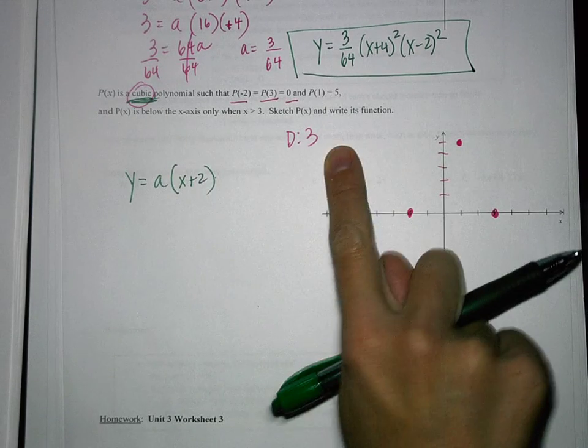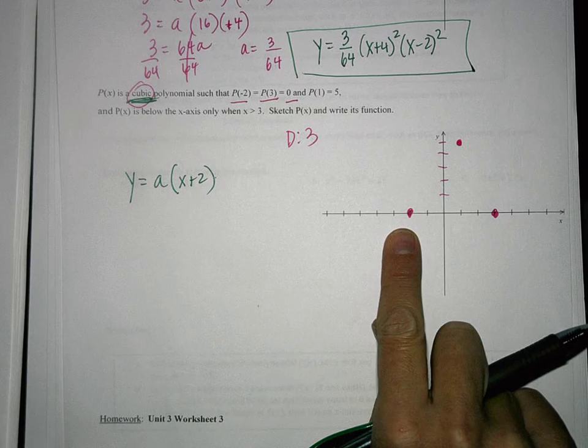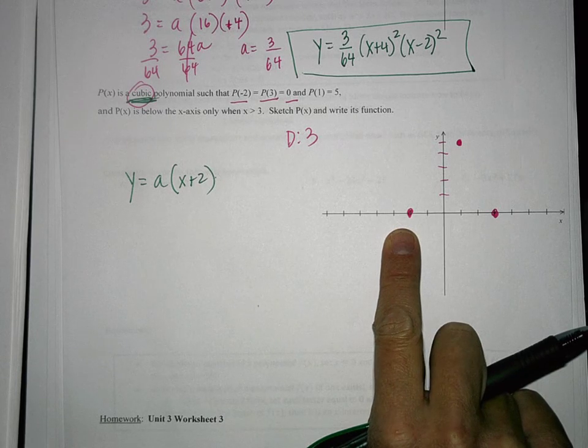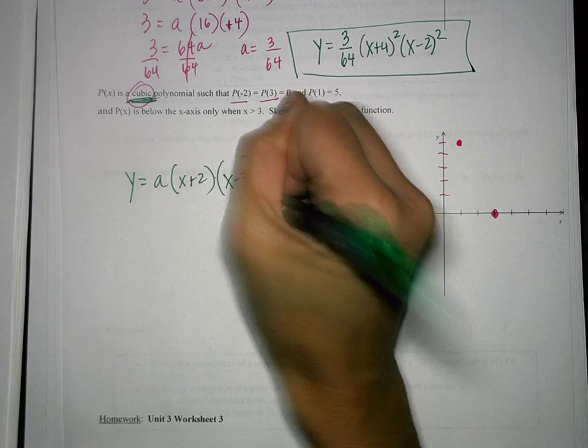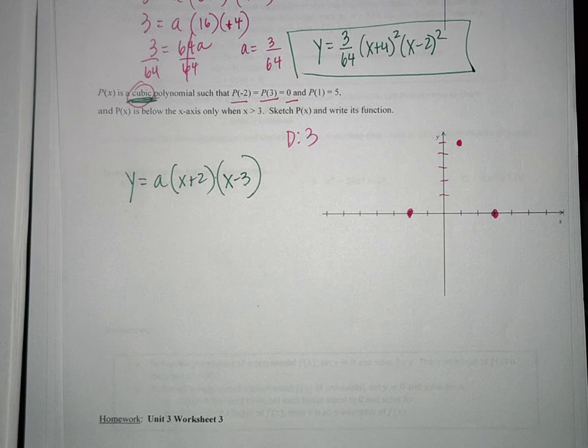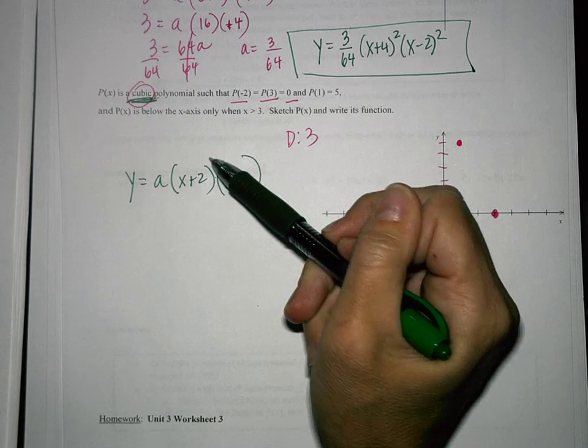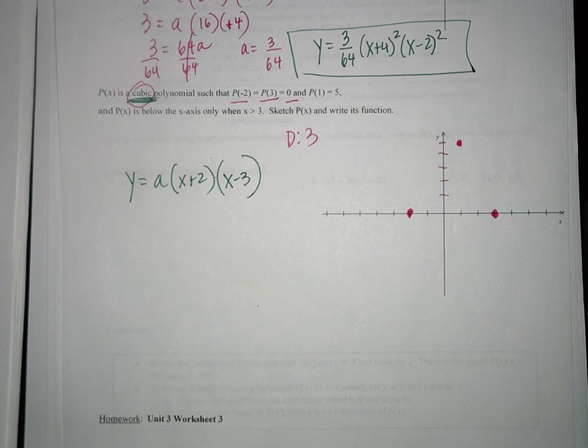So we have x plus 2. Is everybody okay with that? And then we also have x minus 3. Okay, so we have to think a little bit, but we don't know if this bounce should be here or here. But we know that one of them has to be a bounce, correct? So it really depends on our A value.